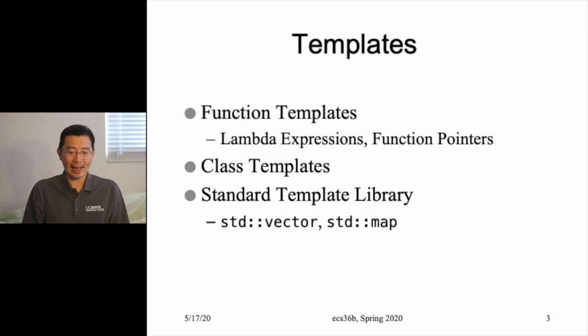So for example, I can design a template for processing a certain kind of data structure, but then I can handle different kinds of data types. I can handle integer, double, or I can handle a very complex type, such as class Post that you were handling in homework assignment number 5.